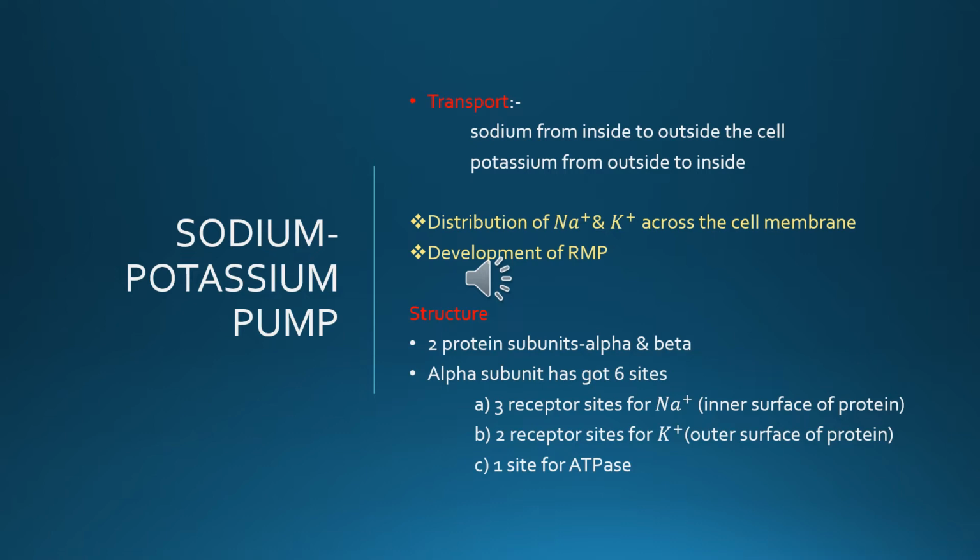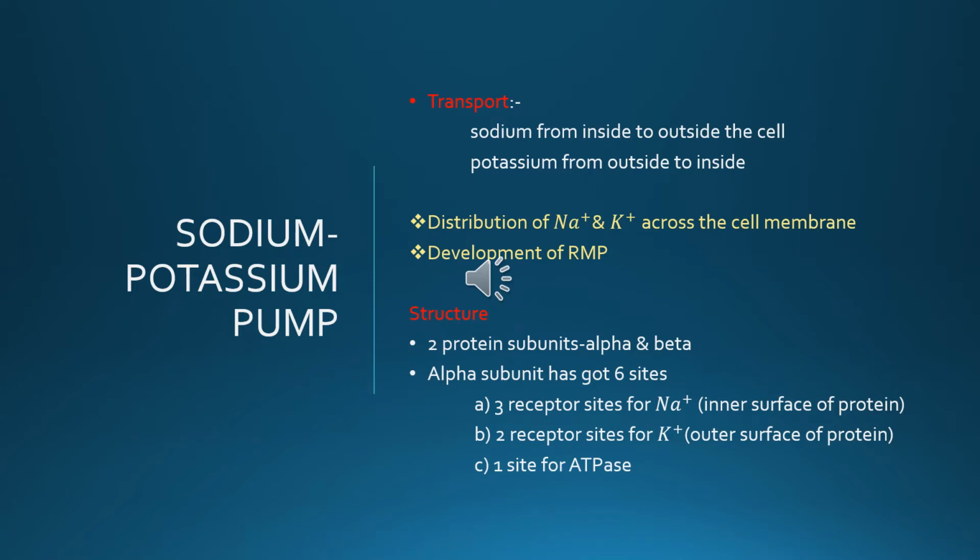Sodium potassium pump, also known as sodium potassium ATPase, is a carrier protein which helps in the transport of sodium ions and potassium ions across the cell membrane. We know that the concentration of sodium ions is higher in the extracellular fluid when compared to intracellular fluid, and the concentration of potassium ions is higher inside the cells when compared to the extracellular fluid.